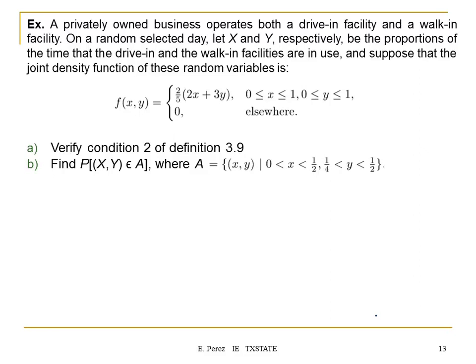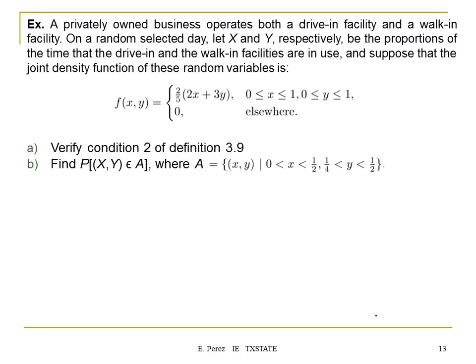So we have a business that operates both a drive-in facility and a walk-in facility. On a randomly selected day, let x and y respectively be the proportions of the time that the drive-in and the walk-in facilities are in use. So we're looking at the utilization of these facilities, walk-in and drive-in.